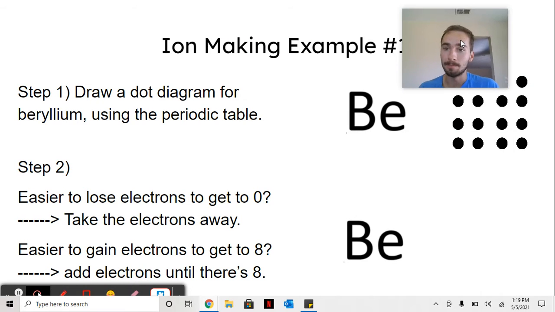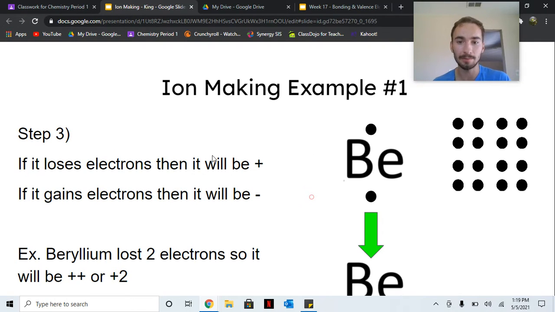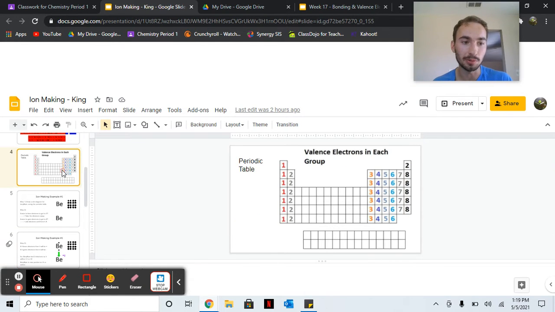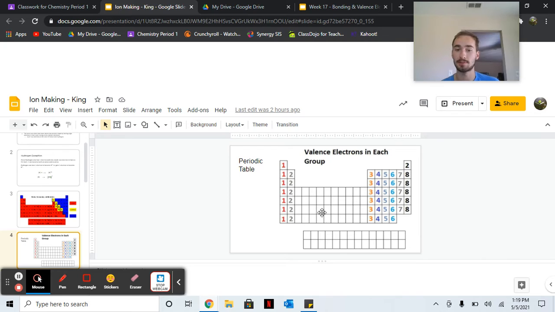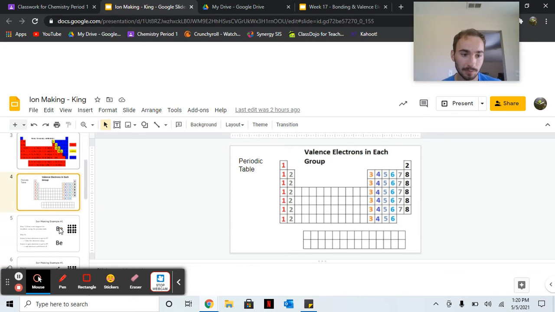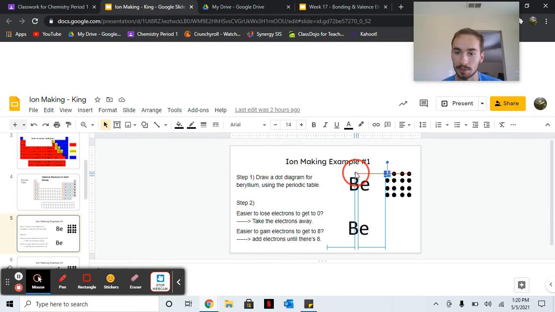Here is the first part. First step is you need to draw a dot diagram for beryllium using the periodic table. So to do that, remember you need to go to the periodic table, find Be. Be is right here, and it's in the column with 2 valence electrons. So you put 2 valence electrons on Be to show that it has 2.